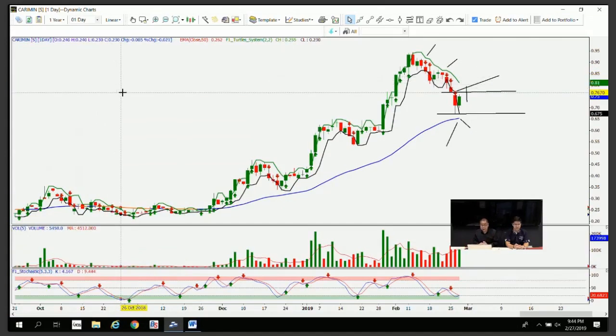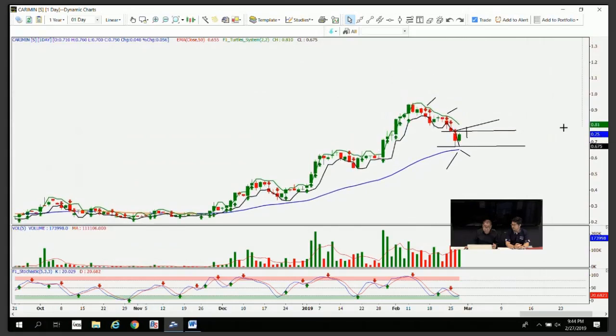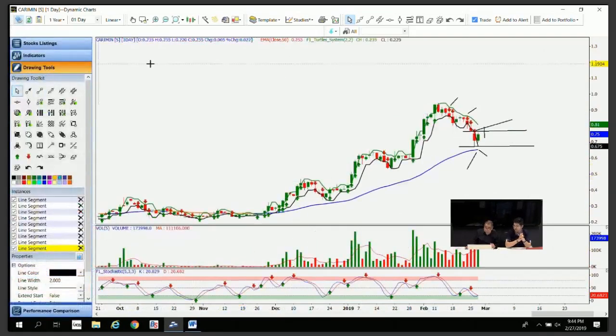But the other way to take your profit is to use a Fibonacci extension, and when you hit the extension, you exit. For example, let's take this Charimin example. Let's draw a Fibonacci extension.